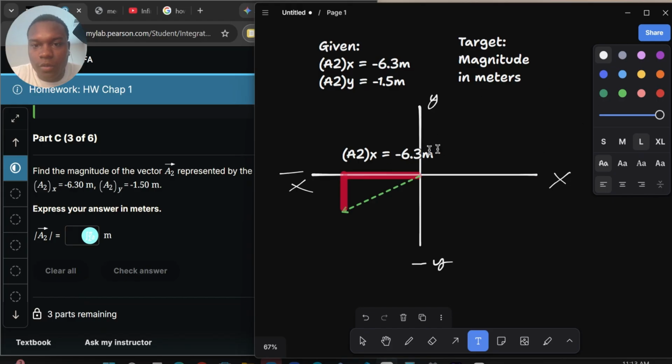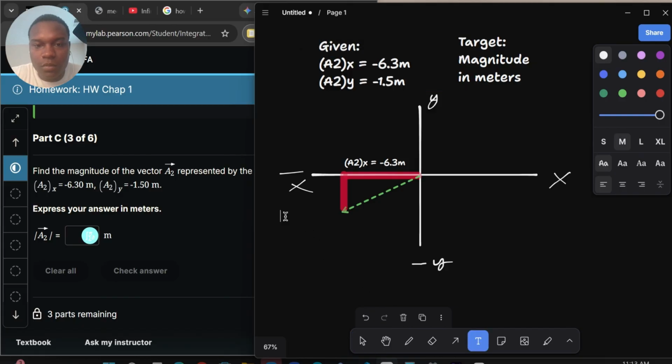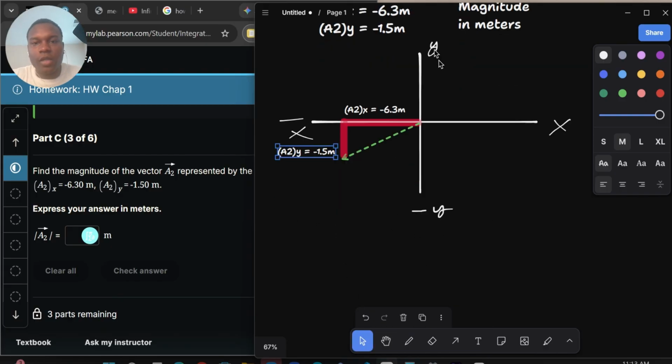We're going to show the length of both. Now we just substitute these into the formula for magnitude, which we know is the x component squared plus the y component squared under a radical.